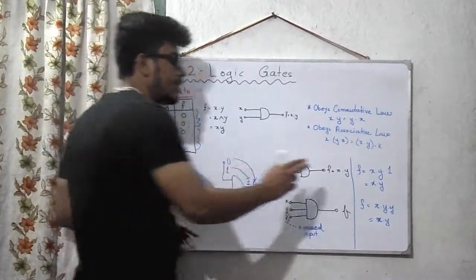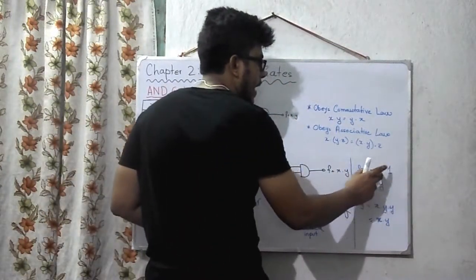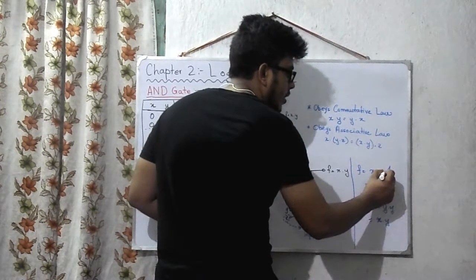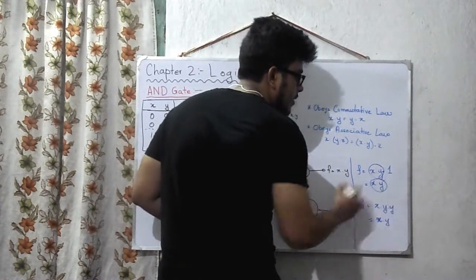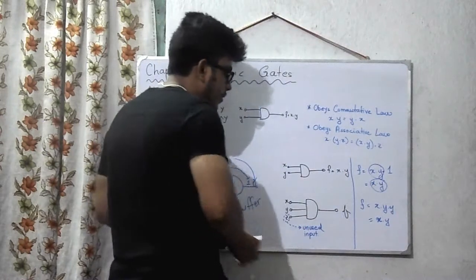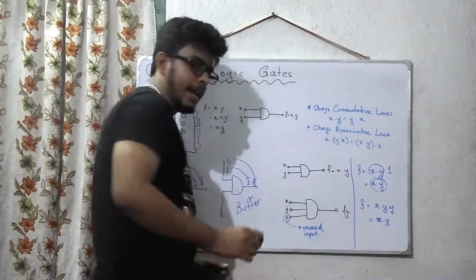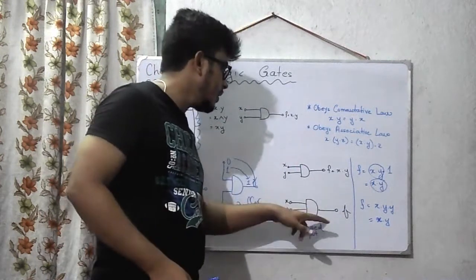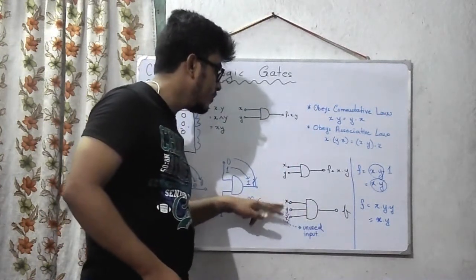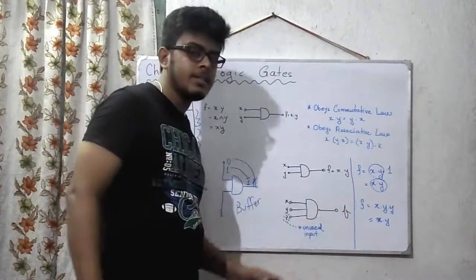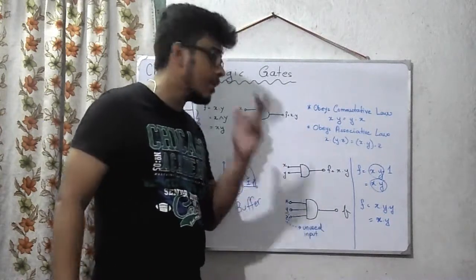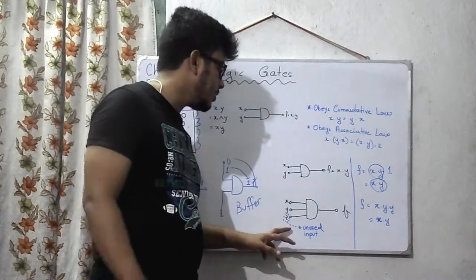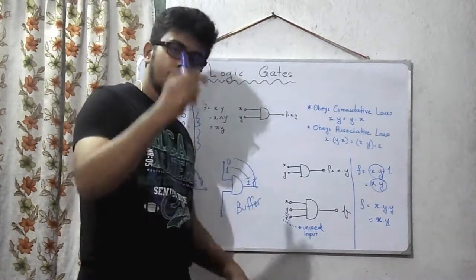So if you connect this z to a high voltage, that is to 1, and you provide the respective inputs for x and y, you are going to get the desired result of x dot y. That means you can use this three input AND gate as a two input AND gate if you connect the unused input to high voltage.